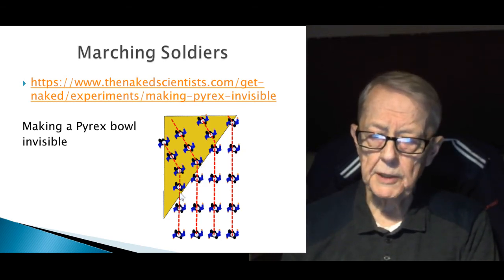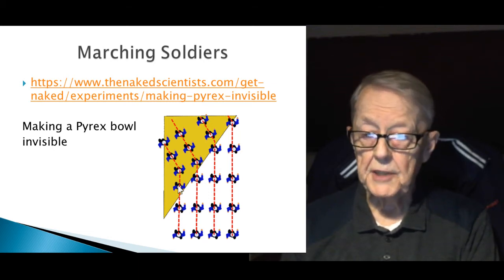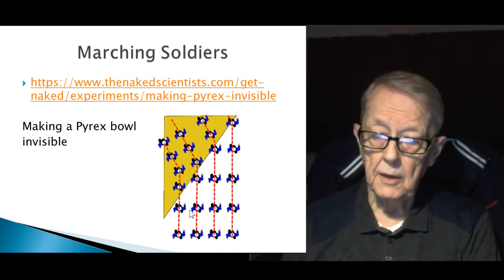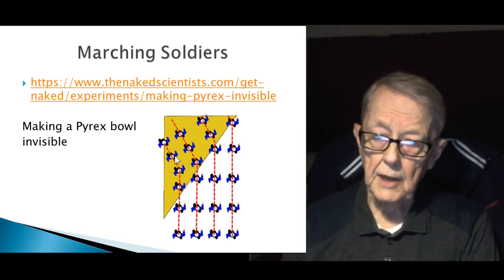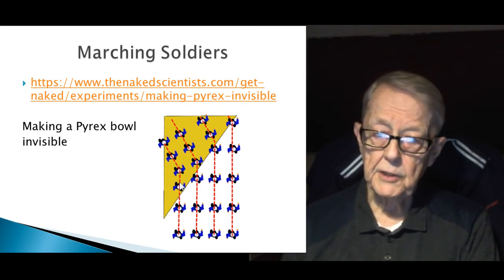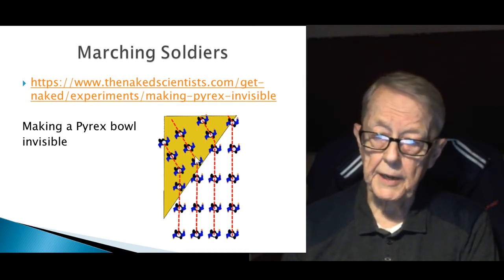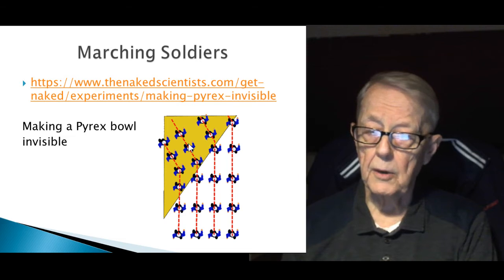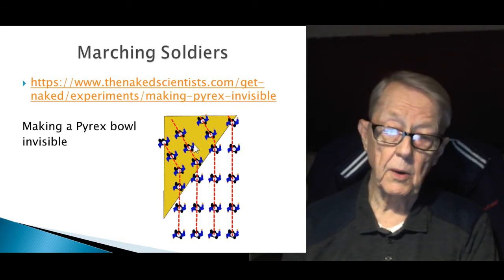But what happens is this guy automatically slows down because it's sand. He's going slower. He can't help himself. This guy's going faster. And in order for these guys to line up properly as soldiers, in a sense, you can think of him waiting for this guy to catch up and this guy to catch up and so on. And they're off marching in 4 columns and lined up properly in rows.